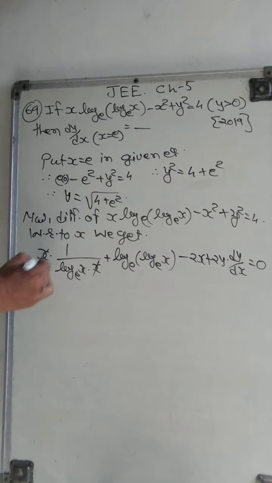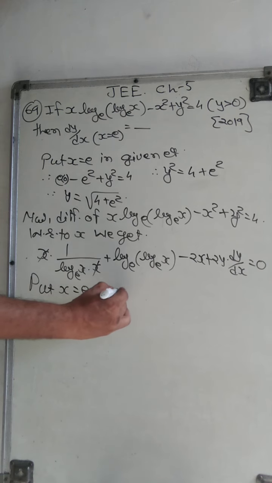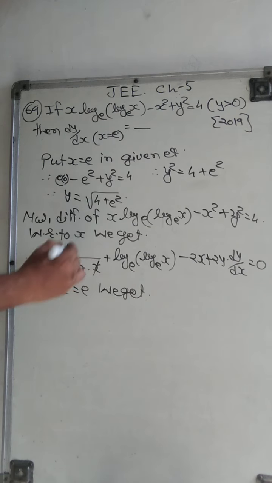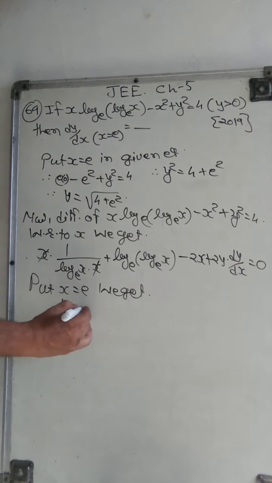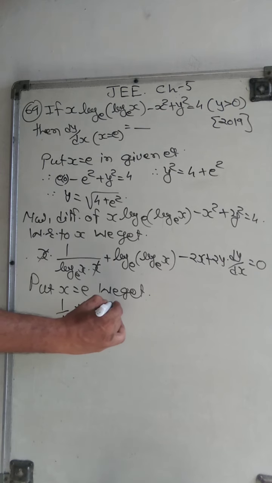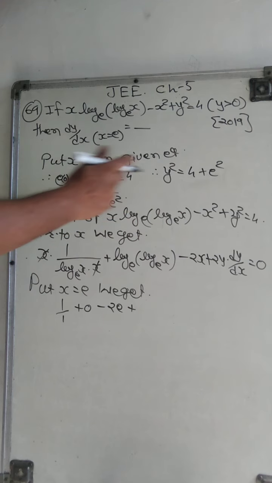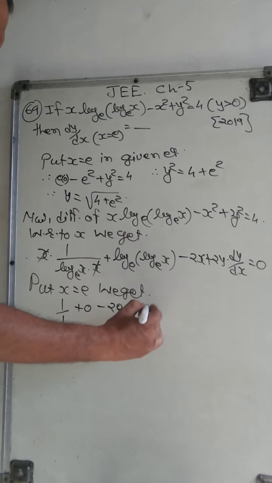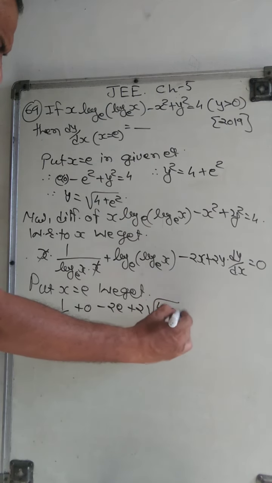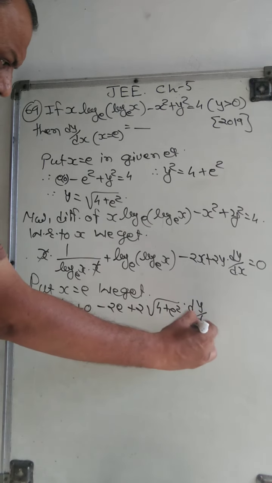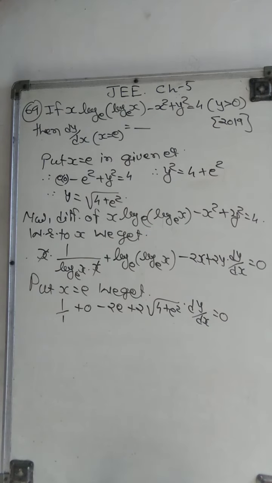Now here x is removed, put x equal to e. We get 1 upon 1 plus 0 minus 2e plus y is root 2 root 4 plus e square dy upon dx equal to 0.